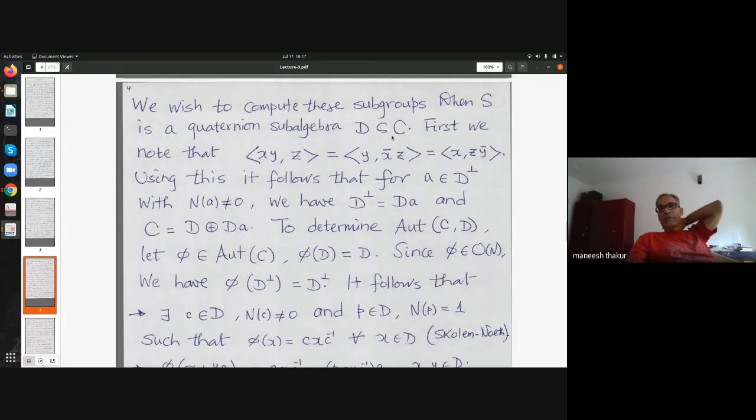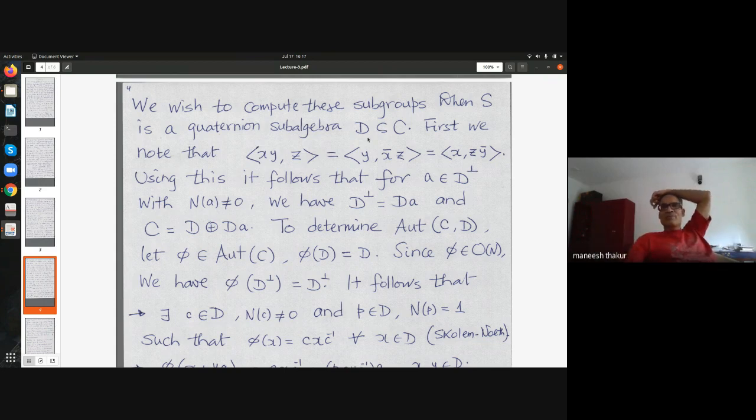So our octonion algebra is C, fixed for us. And now what we will do is take a quaternion subalgebra D. Remember, octonions are obtained by doubling quaternions, so there are plenty of quaternion subalgebras available. Pick one such.